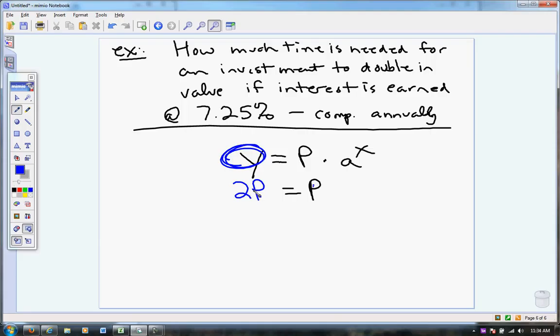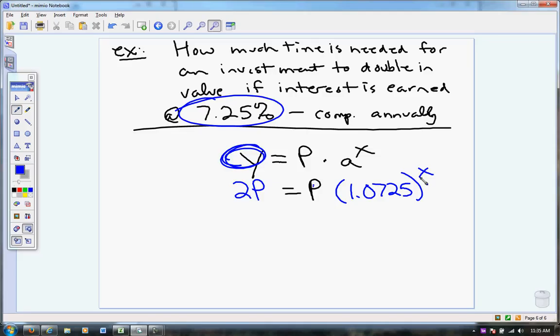Now, what do I do with this interest rate? Well, what we're going to do is add that to 1, and this is going to become 1.0725 to the x.